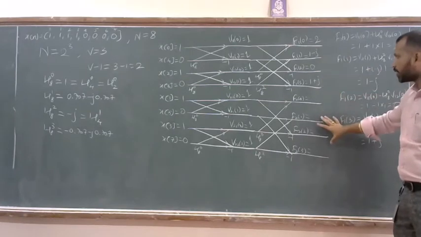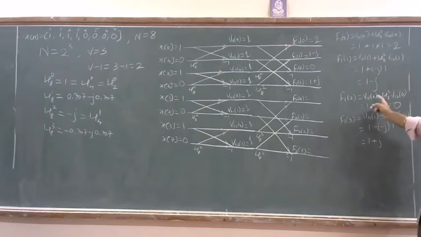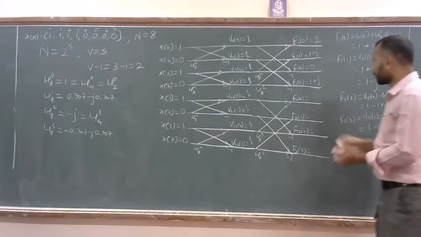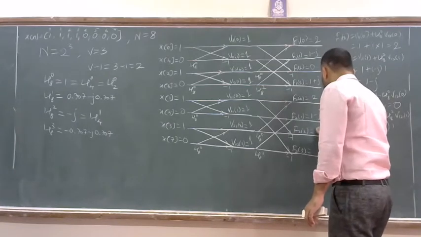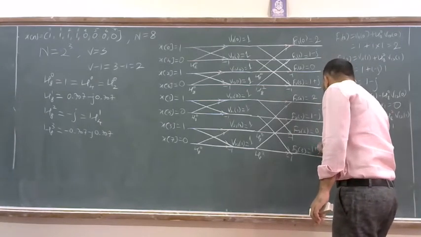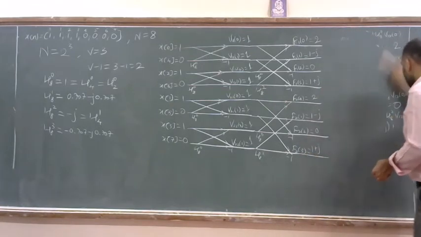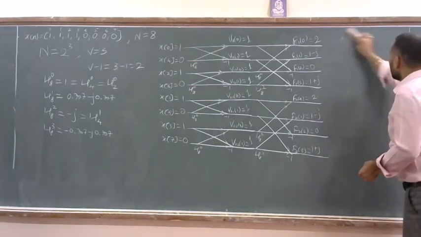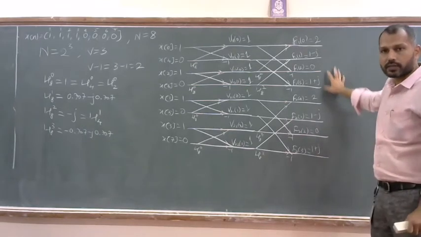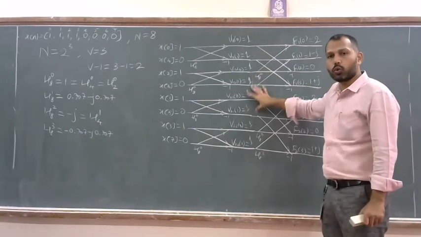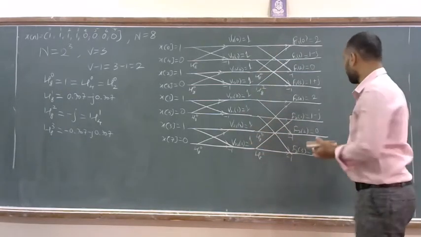So I will be writing them directly, but you need to write these equations for F2 of k and then write the values. 2, 1 minus j, 0, 1 plus j. So at the end of the second stage, these are the two 4-point DFTs which are obtained by combining two 2-point DFTs or 4 2-point DFTs.